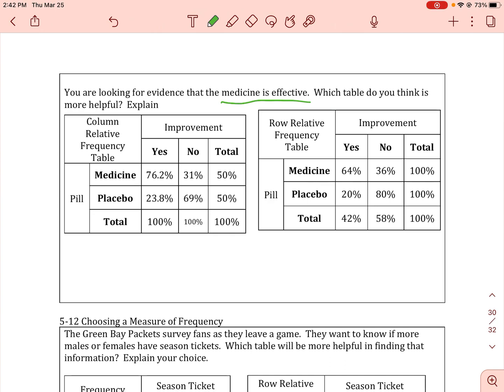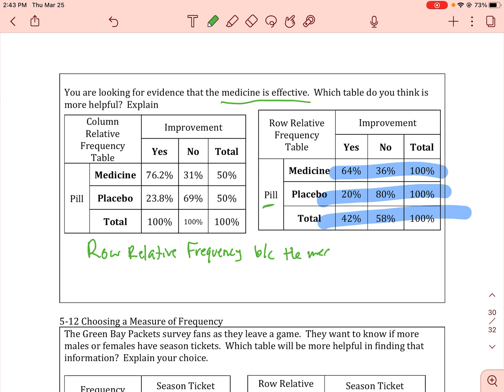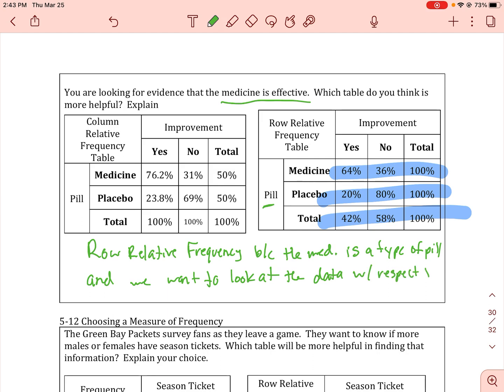So the medicine is a type of pill. So here we are going to want to go row relative frequency, because the medicine is a type of pill and we want to look at the data with respect to the type of pill.